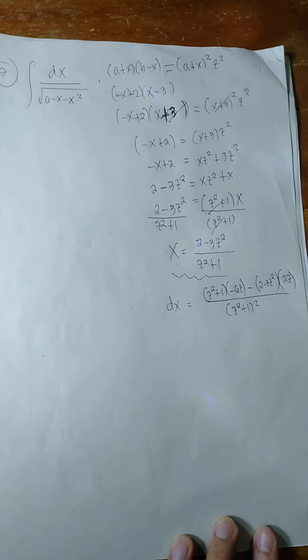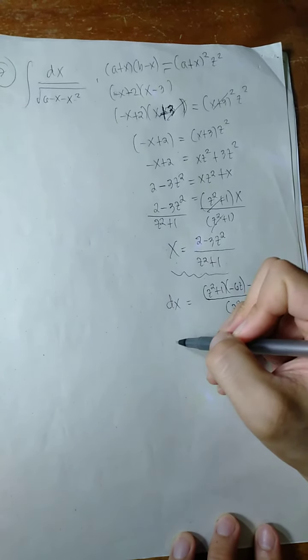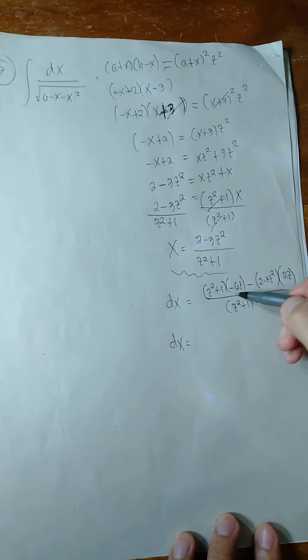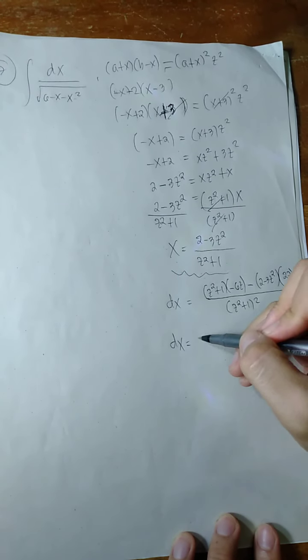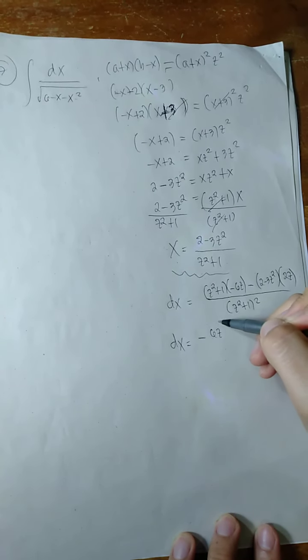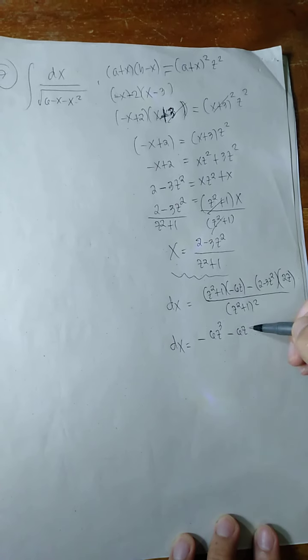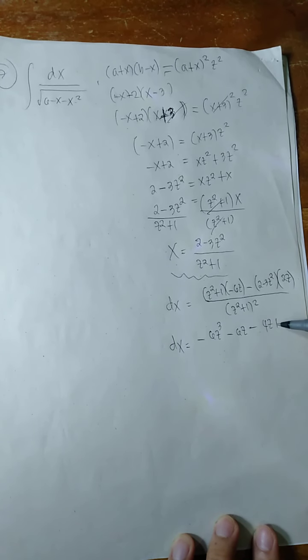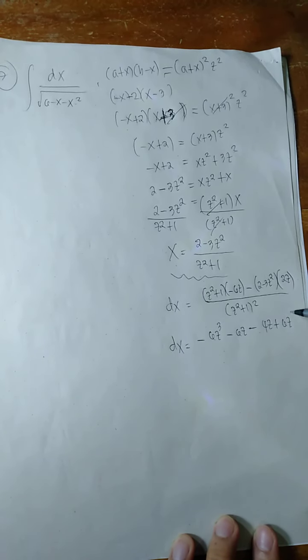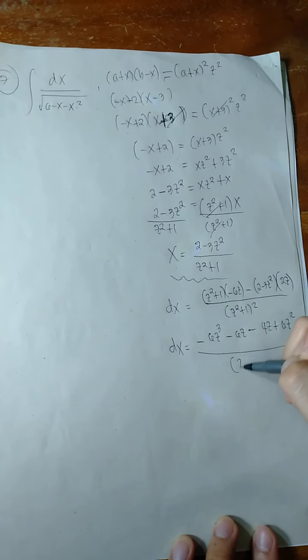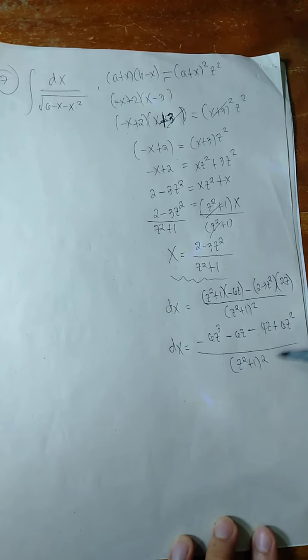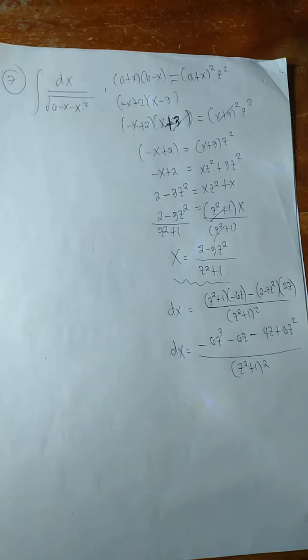Then, we can distribute. So, dx is equals to, simplify, distribute, negative 6z cubed minus 6z. Then, distribute the negative and 2z. Minus 4z plus 6z cubed all over z squared plus 1 squared.